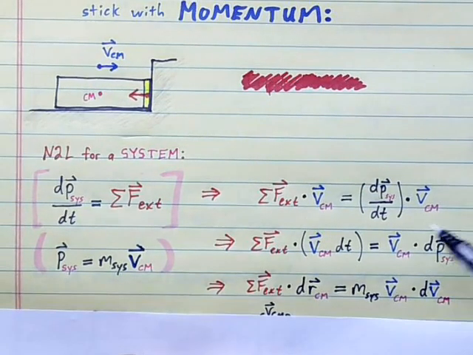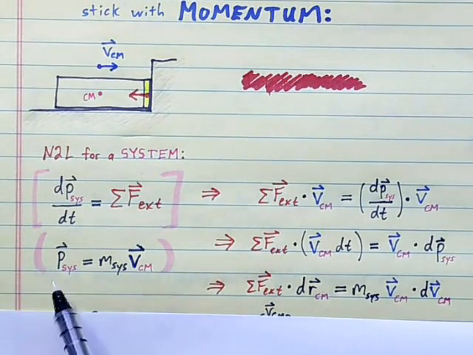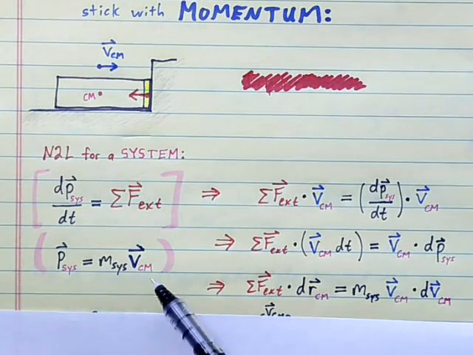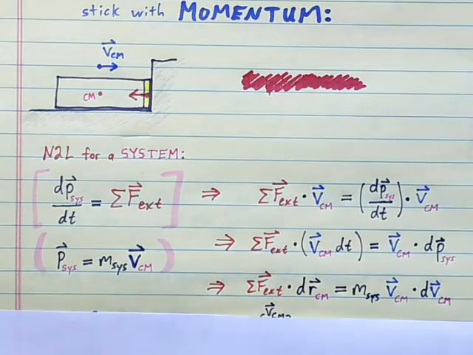On the left-hand side, the momentum of our system here is defined as the total mass of the system times the velocity of the center of mass. So dp system here can be replaced with m system times d VCM, a small change in the velocity of the center of mass. So on the right, I've got the VCM dotted with a small change in the VCM.